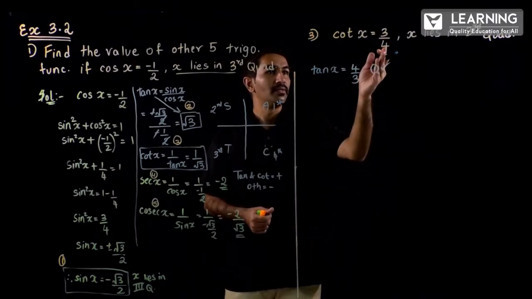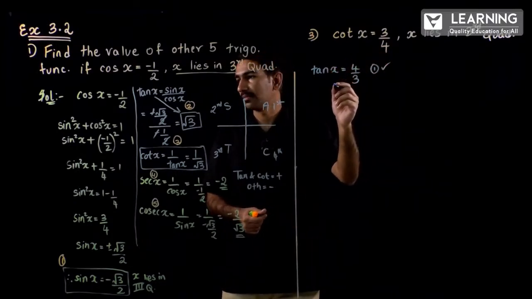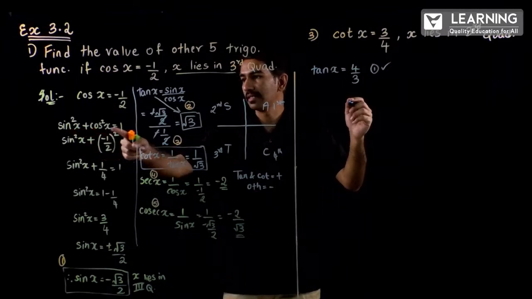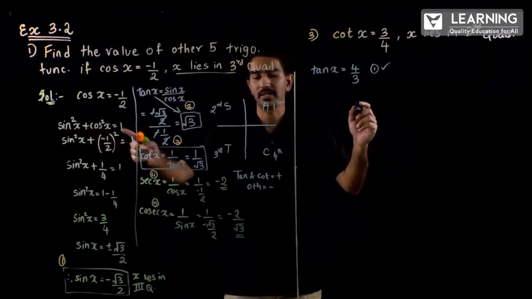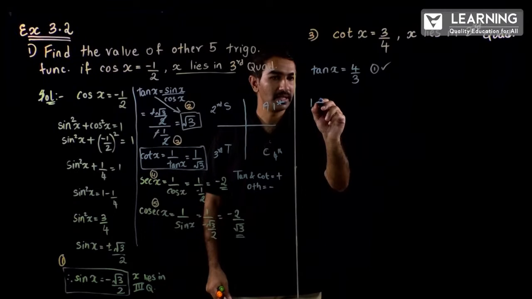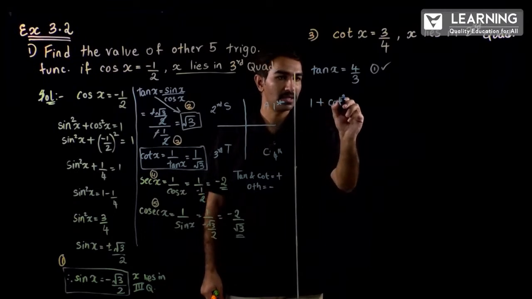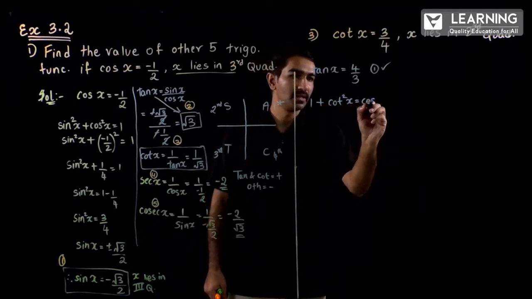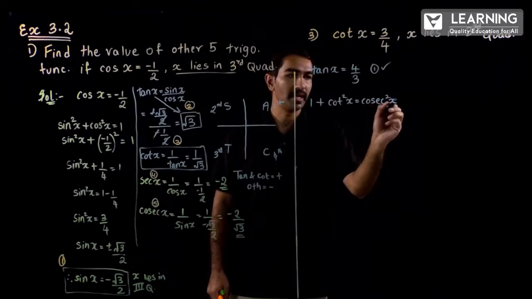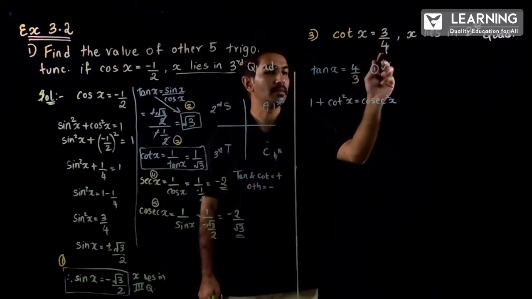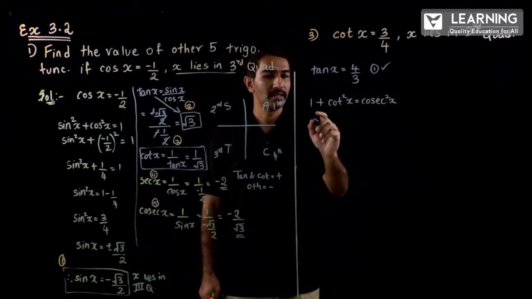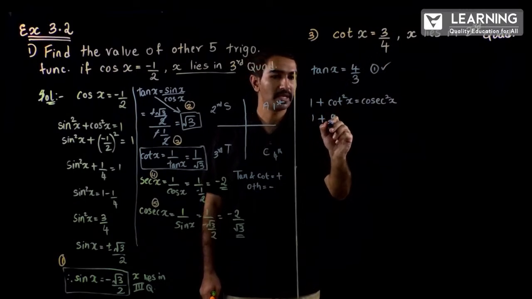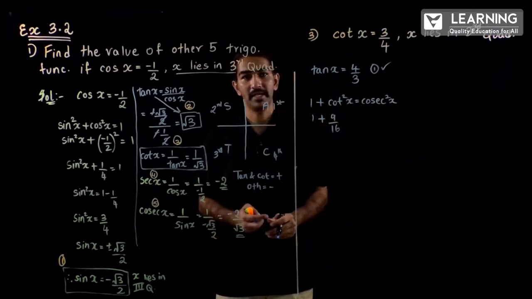Next, we'll use another trigonometric identity like sin square x plus cos square x is equal to 1. Very similarly, there is another trigonometric identity, 1 plus cot square x is equal to cosecant square x. What is cot square x? 3 by 4, that is cot x. Cot square will be 1 plus 9 by 16, correct?